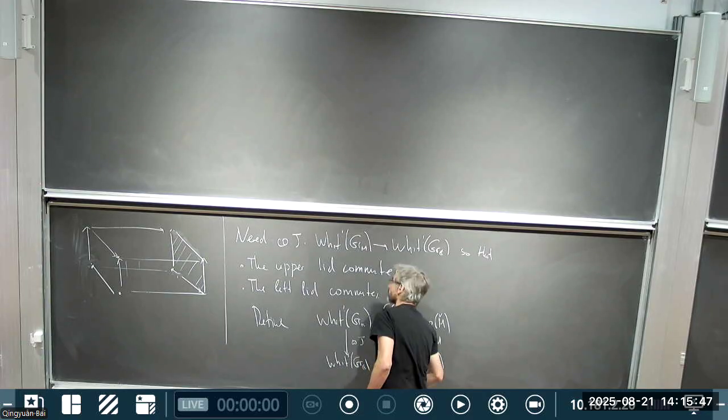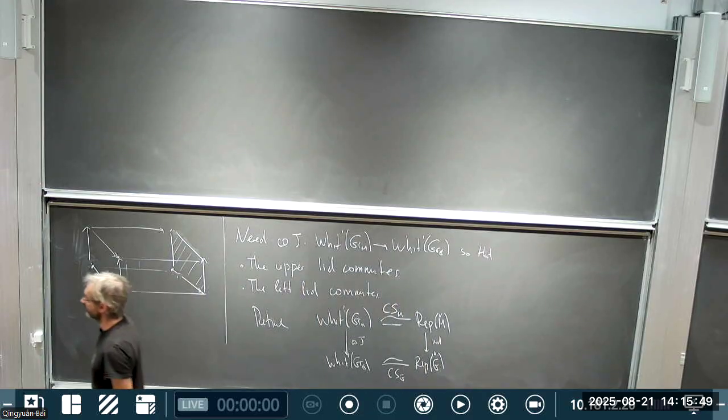So at least then we'll be left with one thing to prove, namely the commutativity of this diagram, the left leg.